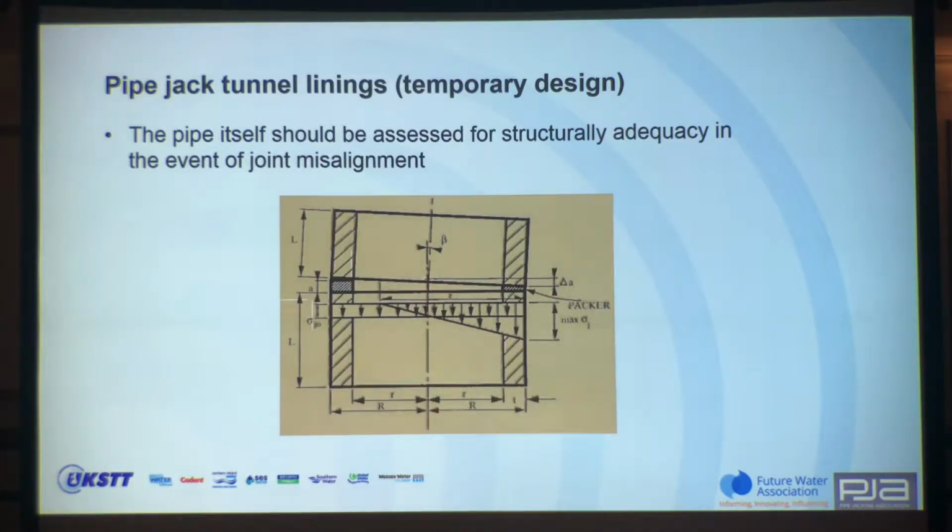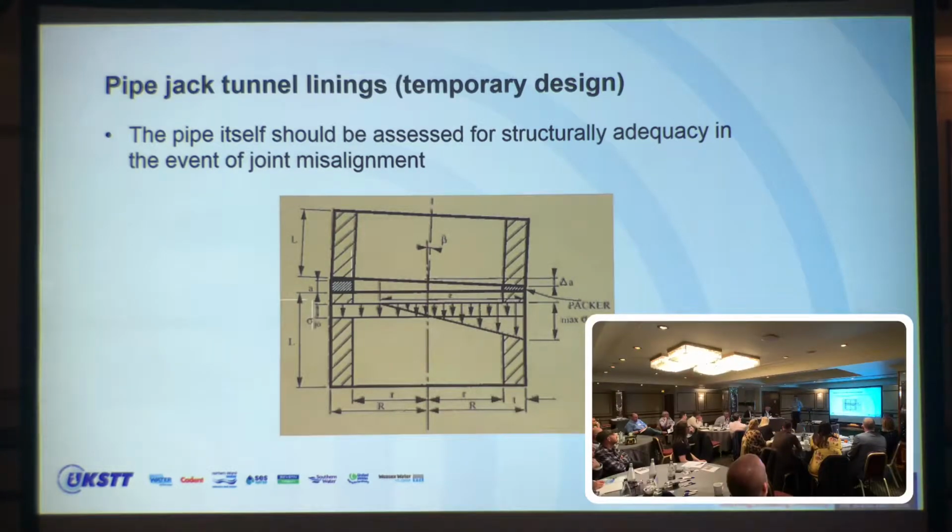So you need to check the pipe. We've talked about how you've got to check the pipe in its permanent case. You've got to be happy that it'll take all the loads. But in the case of jacking, if you're jacking the pipe into the ground, there's a straight axial force, but you need to allow for some misalignment.